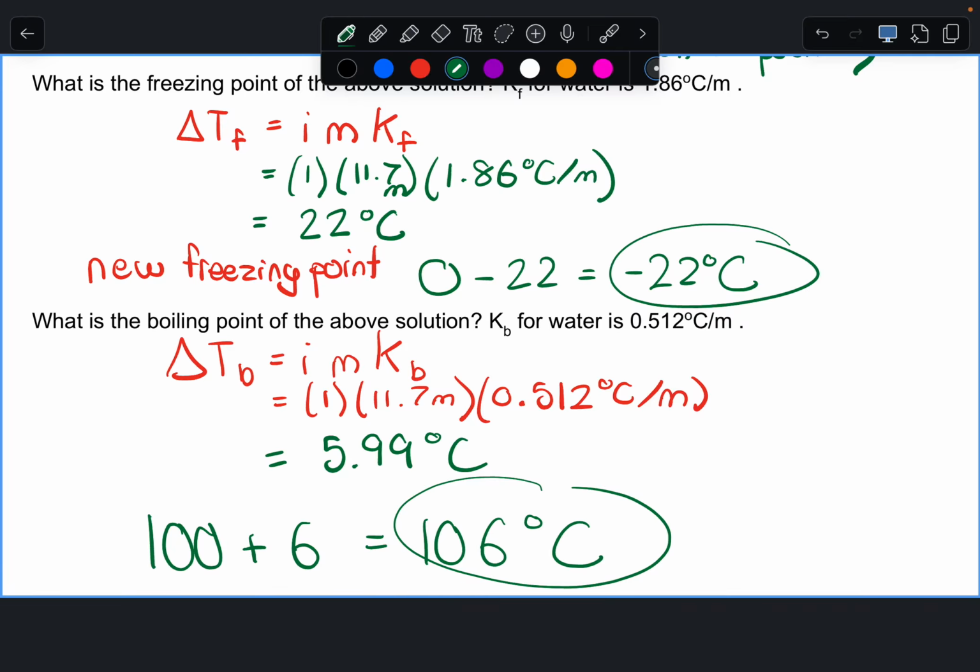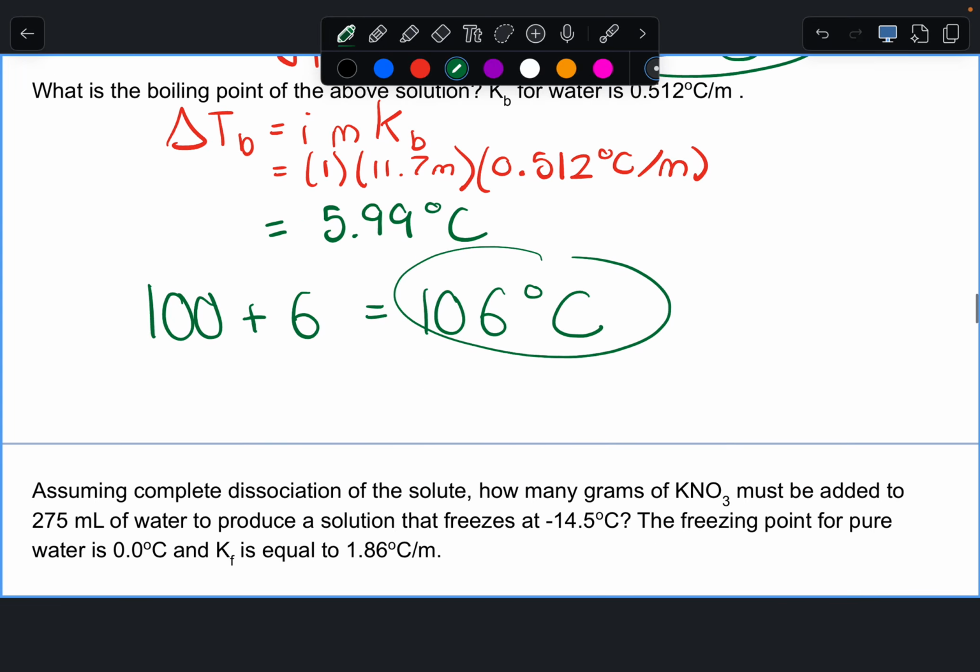Okay, it only gets a little bit more complicated with ionic, but not too bad. So when ethanol or any covalent compound dissolves into water, it stays as its molecule. So ethanol doesn't break up into carbons and hydrogens and oxygens. It stays as C2H5OH.